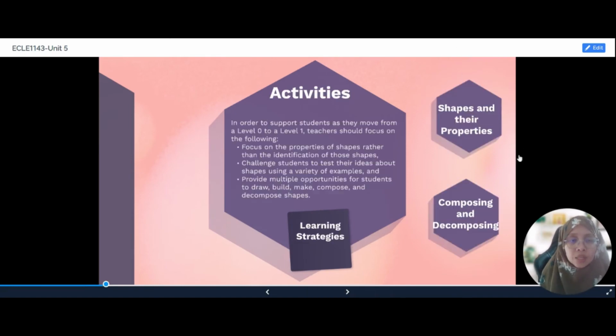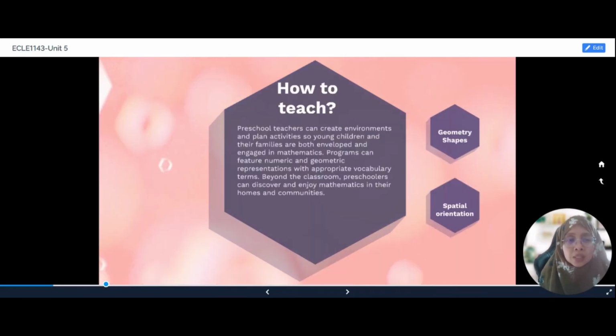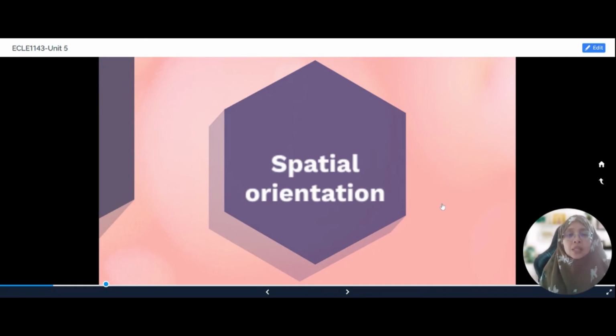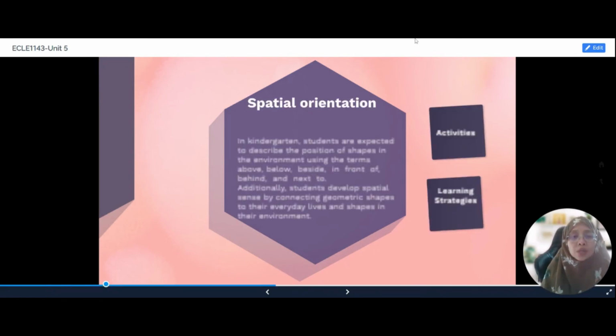Okay, so this is about shapes. Let us take a look at spatial orientation. In spatial orientation, students or children are expected to describe the position of shapes in the environment using terms like above, below, beside, in front of, behind, and next to.